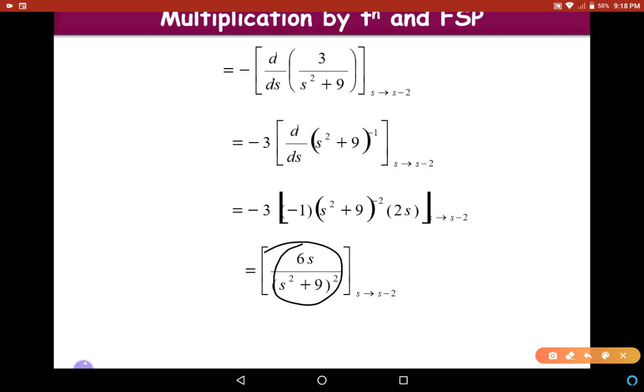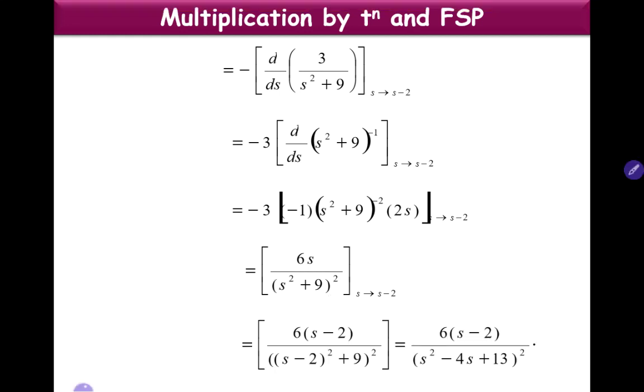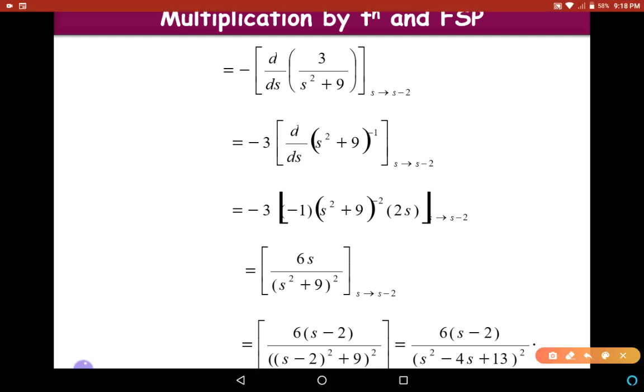So we write s minus 2 in place of s. That gives 6 into s minus 2 by s minus 2 whole square plus 9 whole square. That is 6 into s minus 2 divided by s minus 2 whole square, which is s square minus 4s plus 4, plus 9, that is plus 13, whole square in the last term.